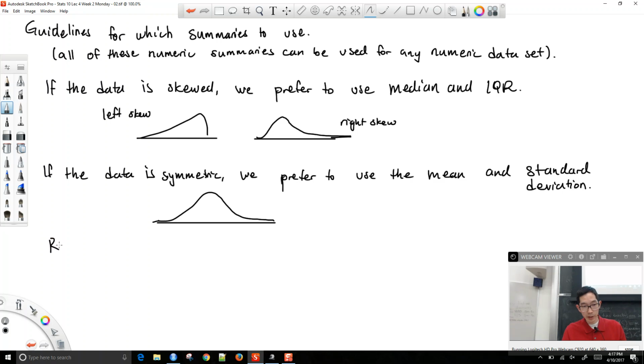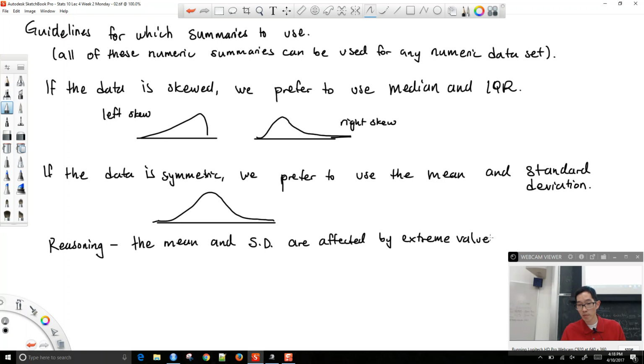The reasoning is that the mean and standard deviation are affected by extreme values. And so for skewed data, extreme values appear only on one side of your data set.